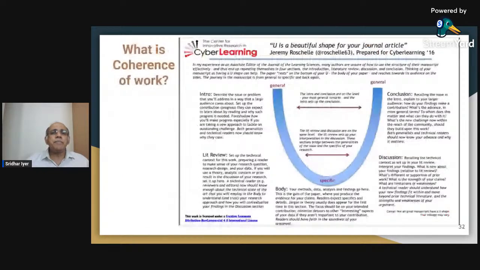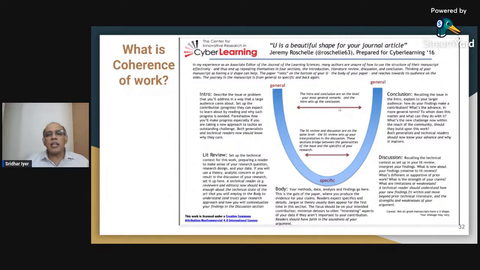Okay, and finally, there is the idea of coherence. Okay, so here there is a work by Jeremy Rochelle, and it is licensed under Creative Commons, so you can use it freely. So what it means is there is this nice U shape. That is all that you need to remember. Okay, so when you start with the introduction, whatever you describe in the introduction should be tied up again in the conclusion.